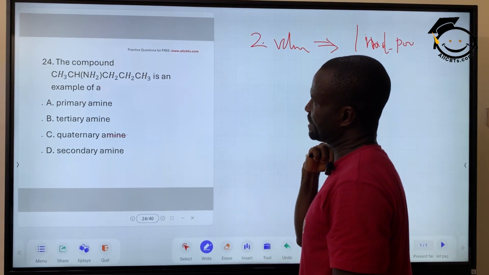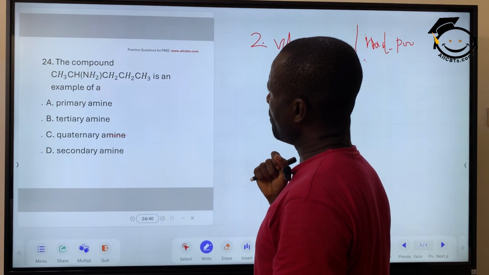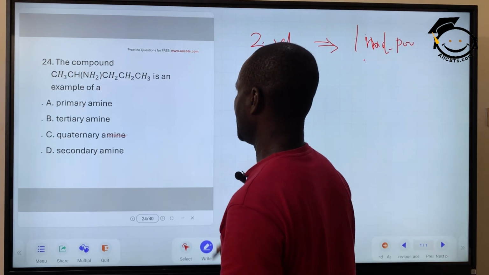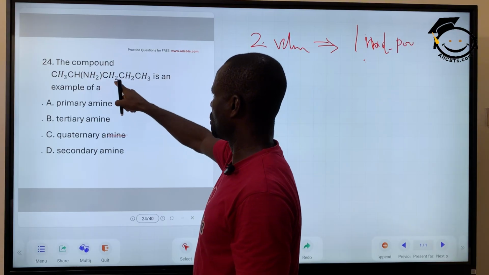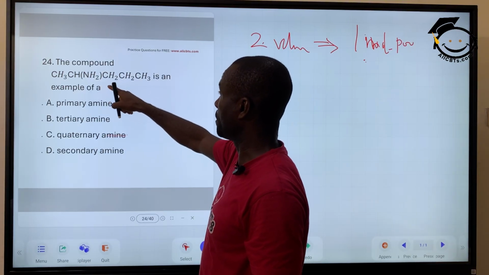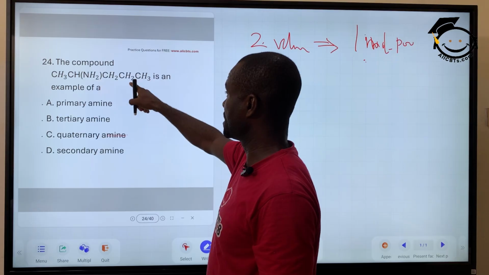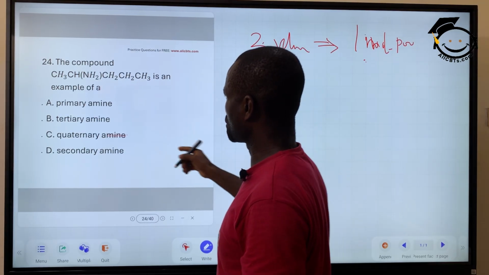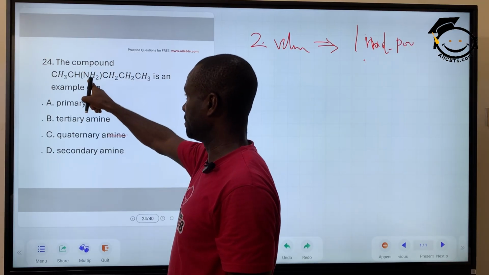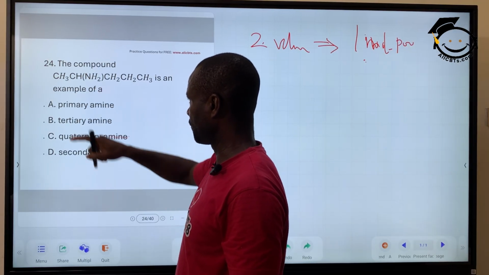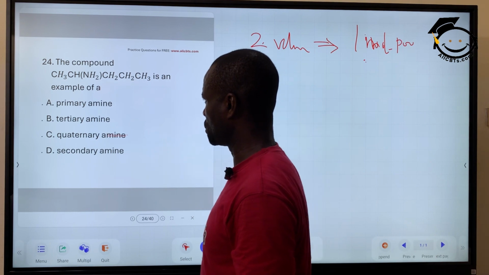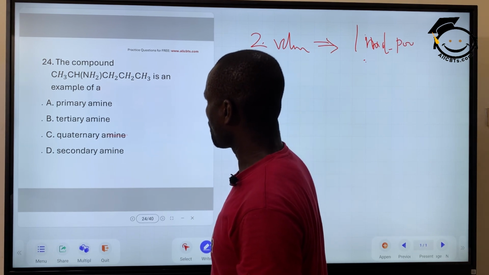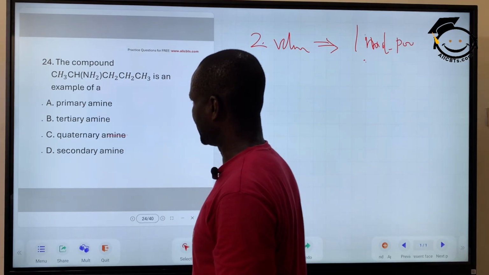Number 24. The compound CH3CH(NH2)C(NH2)CH2CH2 is an organic compound. So what kind of compound is it? It is an amine because of this functional group NH2. So what type of amine is it?